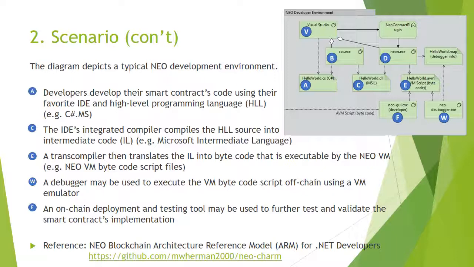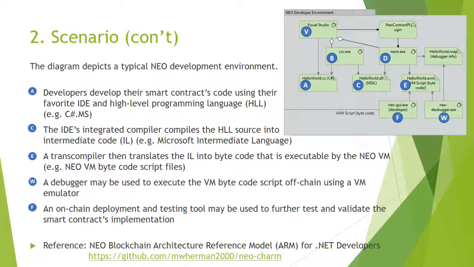But in this case, we have the Neon .exe transcompiler, the Neo transcompiler for .NET. What it does is it reads the DLL, the MSIL bytecode patterns there, and in turn creates a hello world .avm file, which represents the Neo VM bytecodes. And then that further goes on.